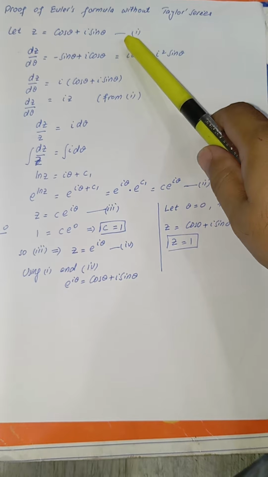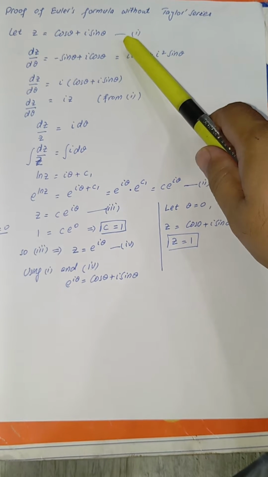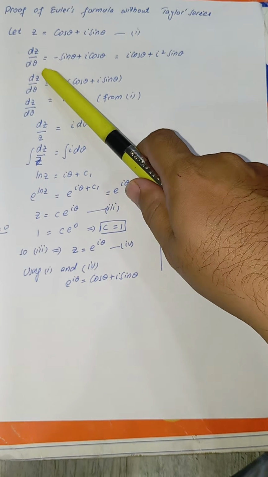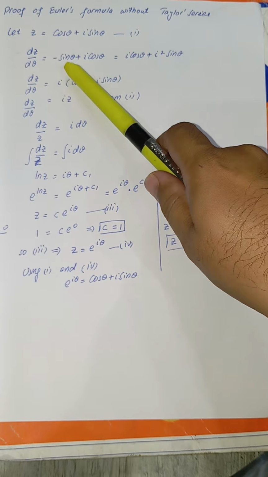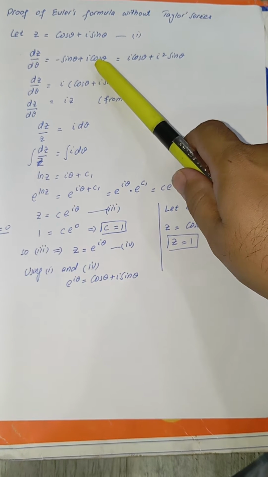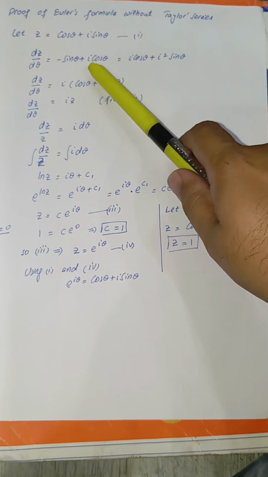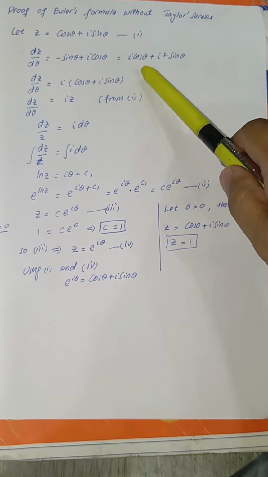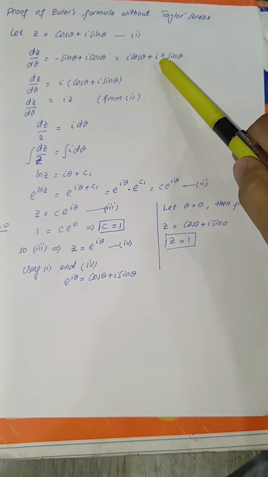If we differentiate with respect to theta, then dz by d theta is equal to minus sin theta plus iota cos theta, which can be written as iota cos theta, and we replace minus 1 with iota square.